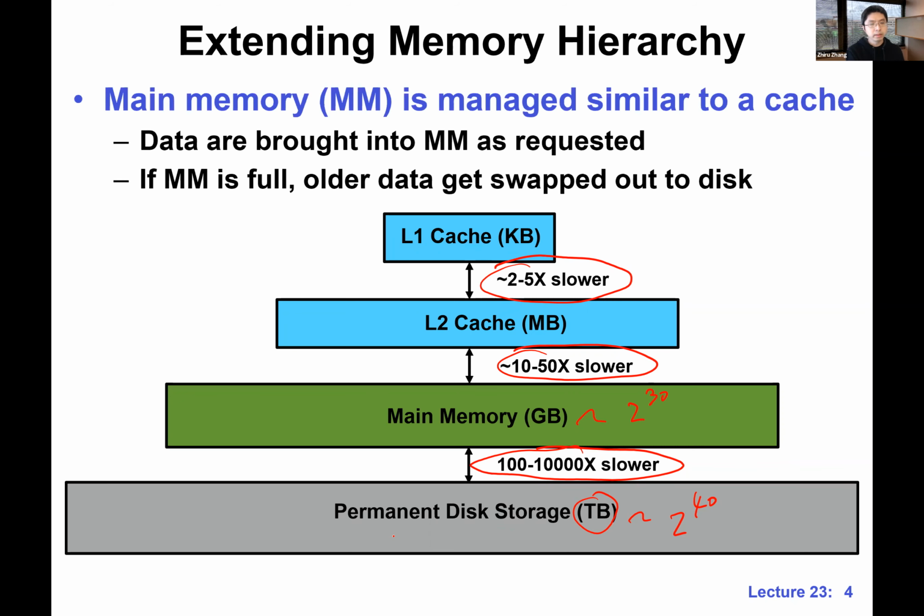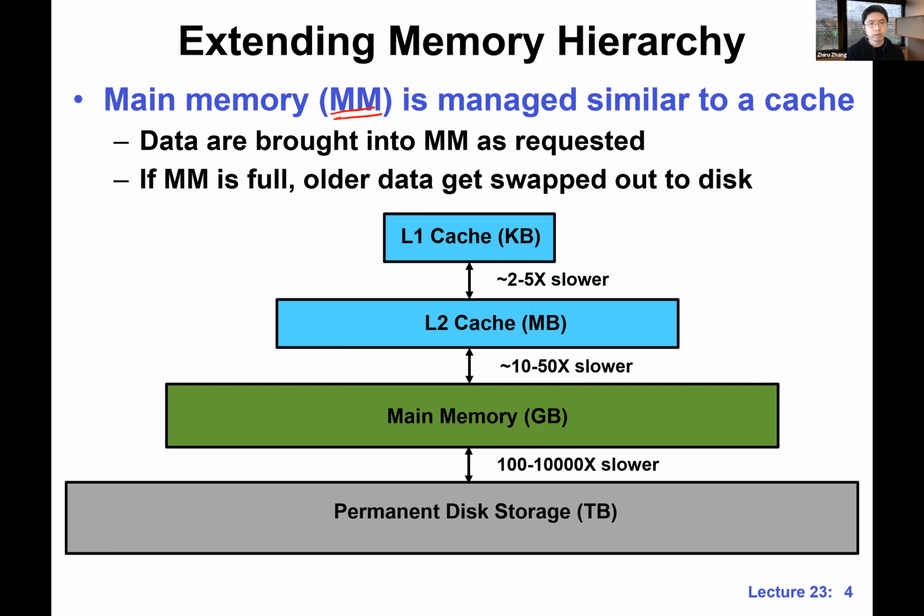So basically, we are going to bring this storage into the memory hierarchy, and we are going to use main memory, MM. In this lecture, when I say MM, I mean main memory, and I'm also referring to the physical main memory. We are going to use MM as a sort of cache for the data from this permanent disk.